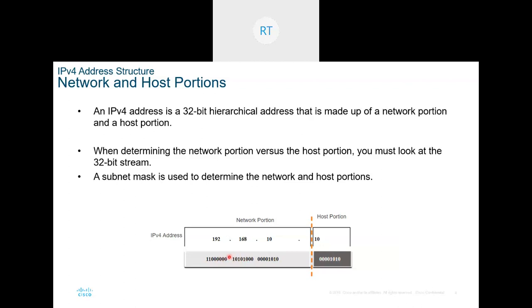For simplicity, the binary numbers are converted to decimal. The equivalent of this number is 192, this one is 168, this one is 10, and this one is 10. Decimal is base 10.